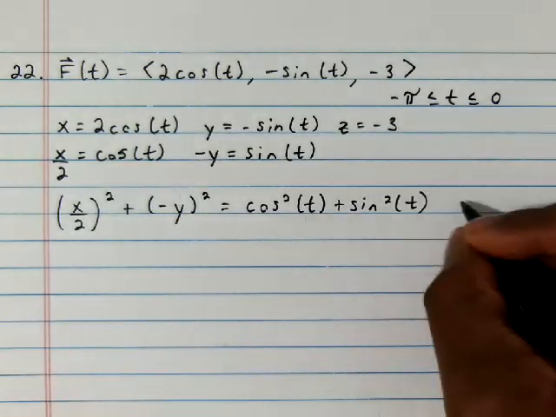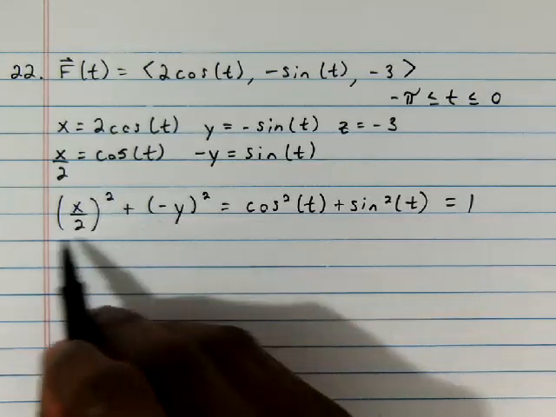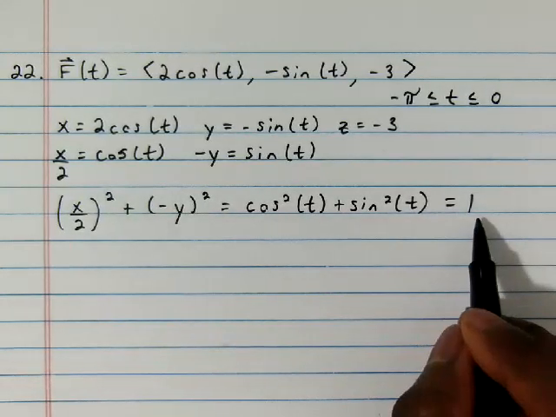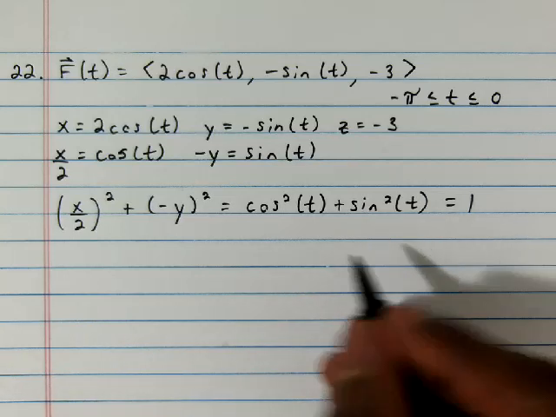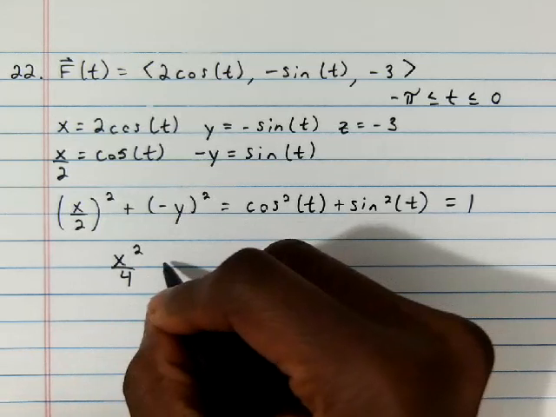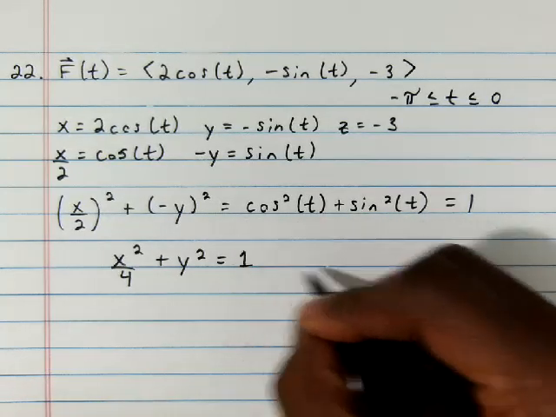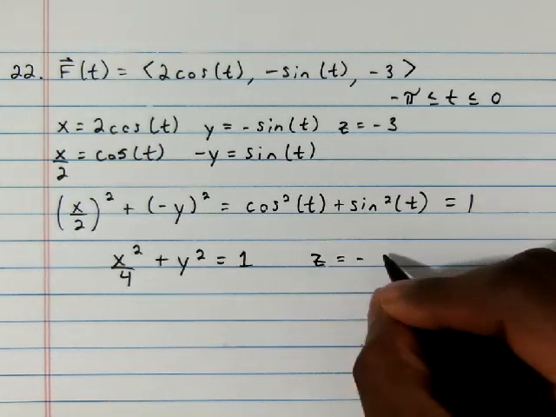And I know this is equal to 1. So now I can just drop this part off and I know that this then is equal to 1. So that gives me x squared over 4 plus y squared equals 1 and z equals negative 3.